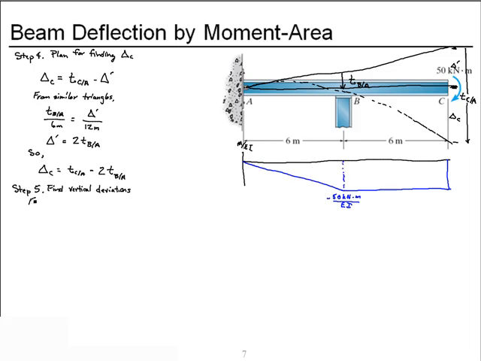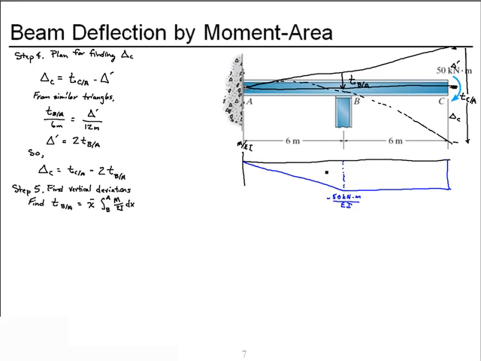Now to find t of B relative to A, it's going to be x bar, the distance from B to the centroid of the M over EI diagram, times the integral from B to A of the M over EI diagram.